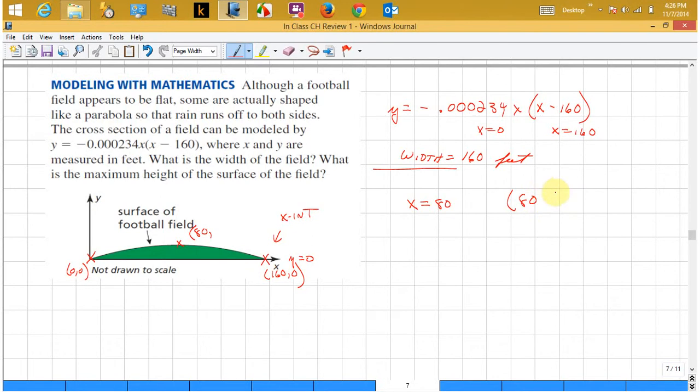So to find the y, I'll take 80 and put it into the x's in the equation. I'll get y. So the y value is going to be equal to a negative 0.000234 times 80 times (80 minus 160). Okay, so let me work that out.